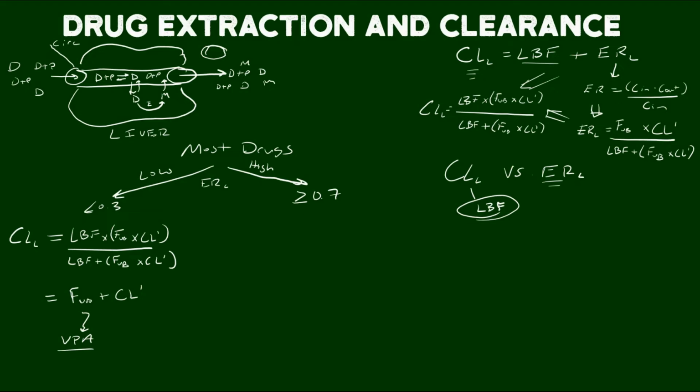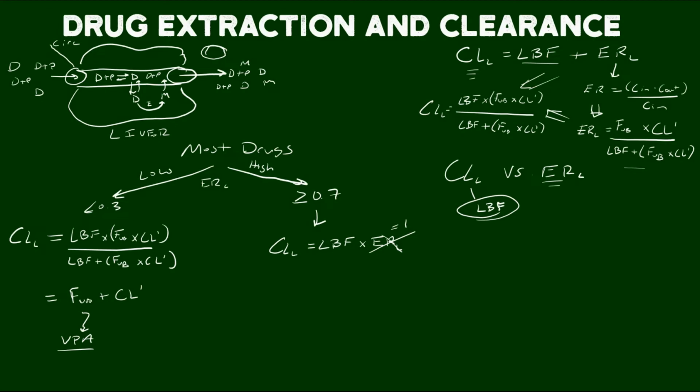Now, how would the equation change for a high extraction drug? What do we think? If it was a high extraction drug, what is going to dictate the clearance here? Do you think it's going to be the fraction unbound and the intrinsic clearance, or is it going to be the liver blood flow? Here, the answer is this becomes basically 1 in our bigger equation over here on the right.